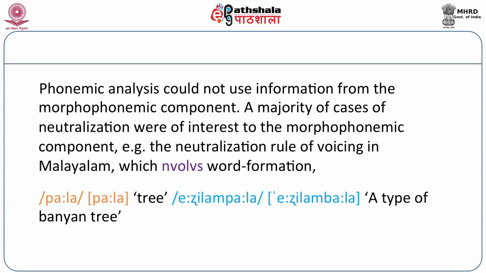Thus, a word such as pala is pronounced bala when there is a context that is presented with the nasal before it. For example, in Agilam pala, we hear it pronounced as Agilam bala, a type of banyan tree. Now, the change of pa to ba is made possible because of it occurring after the morpheme Agilam.